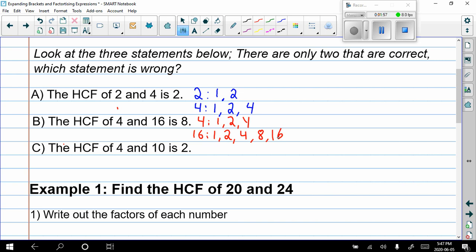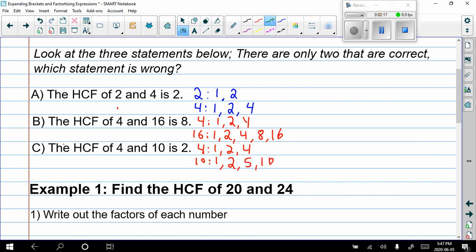And the factors of 4 are again 1, 2, and 4. And the factors of 10 are 1, 2, 5, and 10. So let's just go through here now.